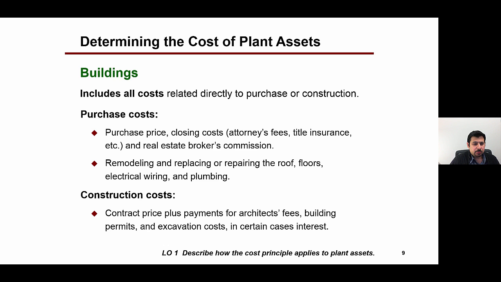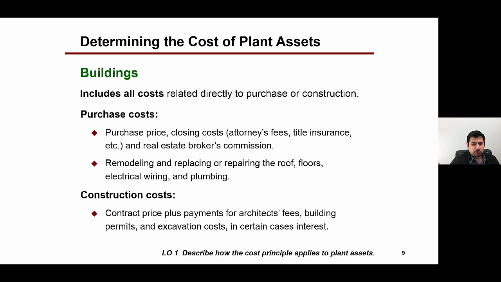If it were a building that the company constructs, in addition there's the architect's fees, there's the permits, the material, excavation costs, etc. And in certain cases, there is also interest. In certain cases, companies charge certain interest costs to the building's account itself. So the interest costs incurred to finance the project are included in the cost of the building when a significant period of time is required to get the building ready for use.